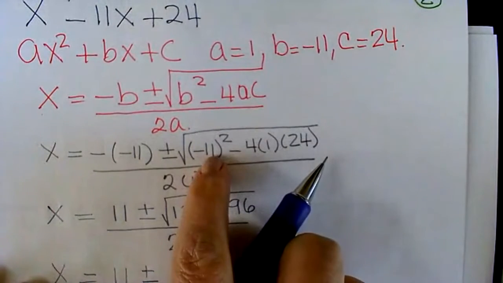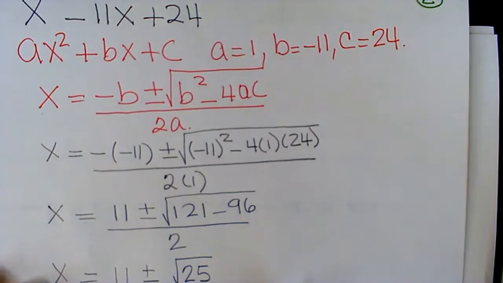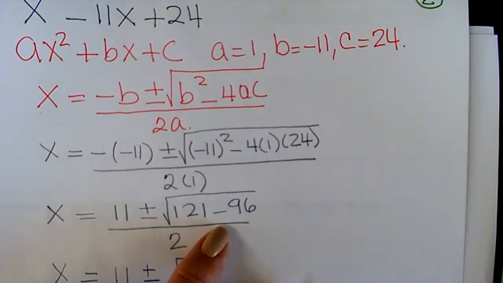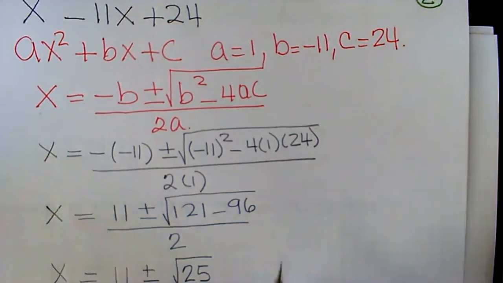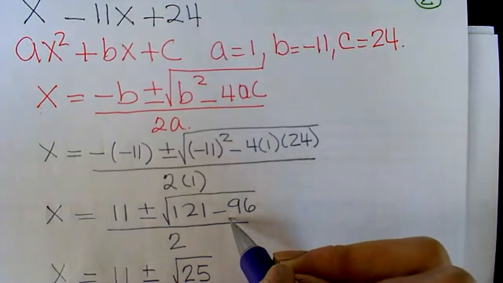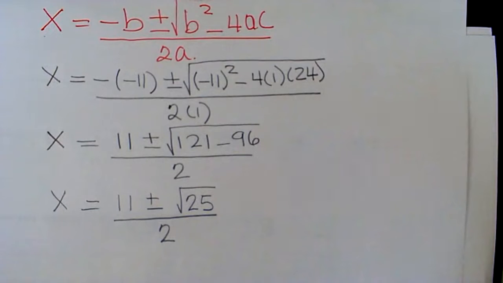No, because it's a square, the 11 is negative 11 squared. And here is negative 4 times 24, negative 96. You see that?